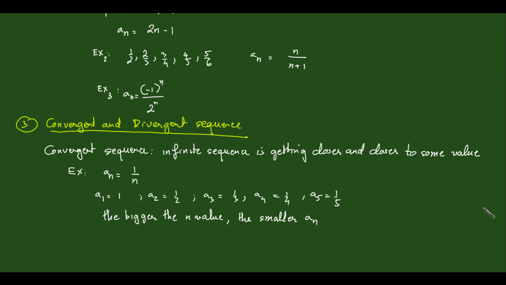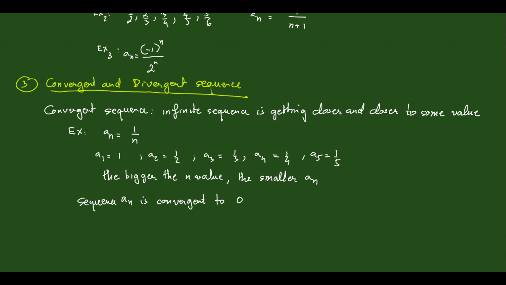So the bigger the n, the closer and closer the sequence gets to 0. In this case, this sequence a sub n is a convergence sequence, and it converges to 0. So that is a convergence sequence.